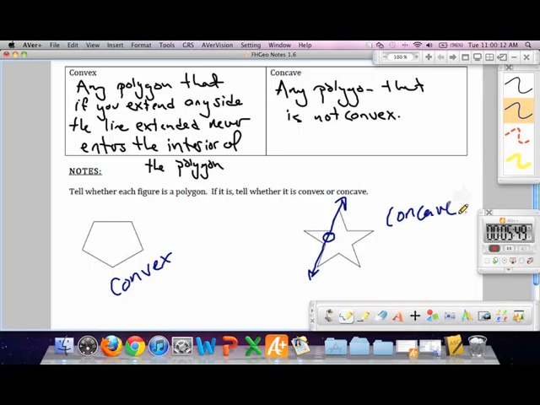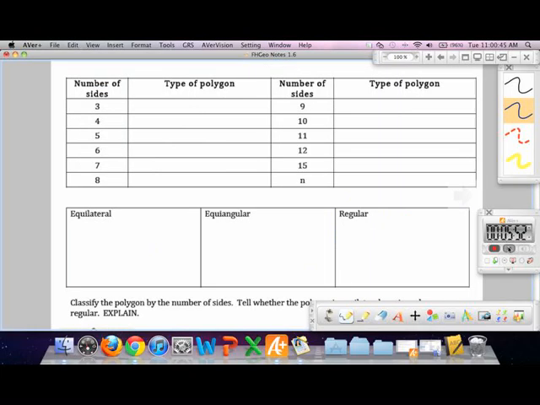We can name polygons by their sides. This table appears in your book, on page 43. I'm not going to go through the common ones that you should already know: 3 is triangle, quadrilateral is 4, pentagon is 5, hexagon is 6.